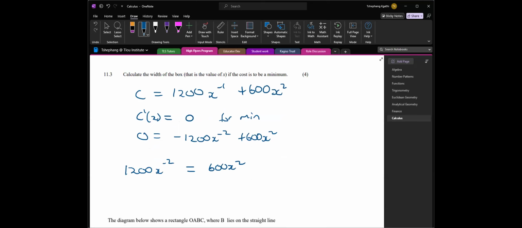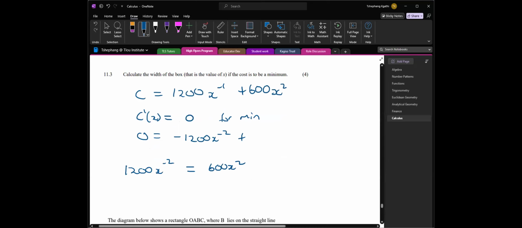Then I didn't differentiate properly. Derivative of that must be 1,200 x. No mistake. 1,200 over x squared is equal to 1,200 x.